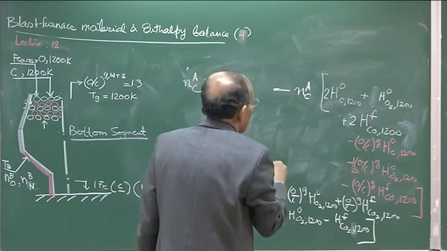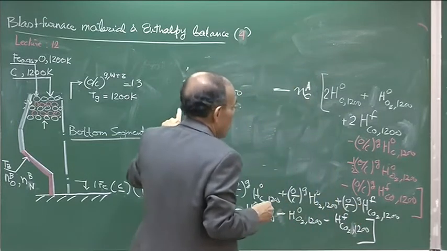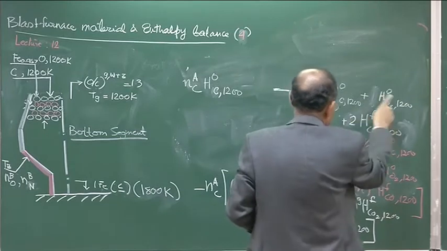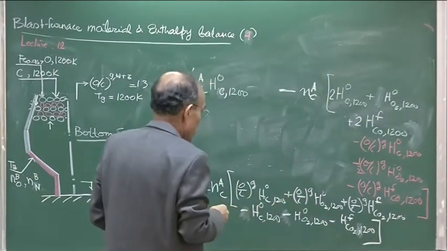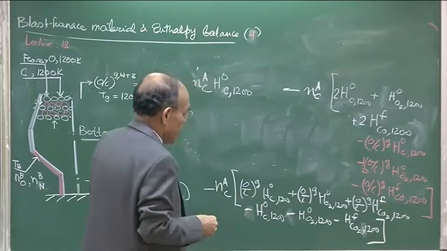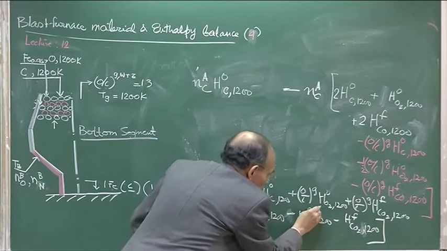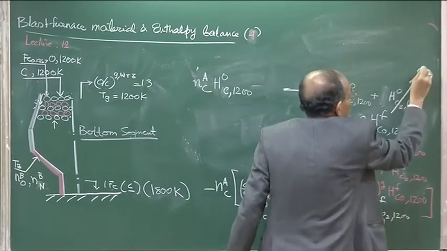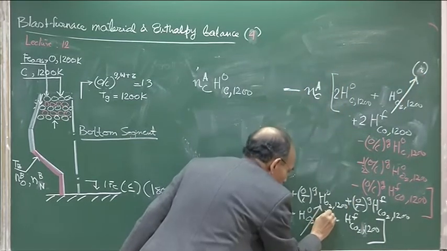For example, from carbon we have got an H naught oxygen term here. So, within this we are going to now find out what has cancelled out. So, H naught oxygen 1200 and H naught oxygen, and this is the term that has cancelled out. This is the term that has cancelled out, so that I don't make a mistake.